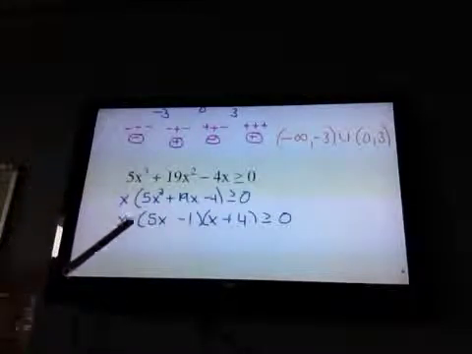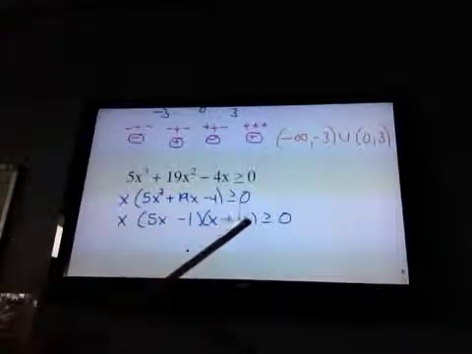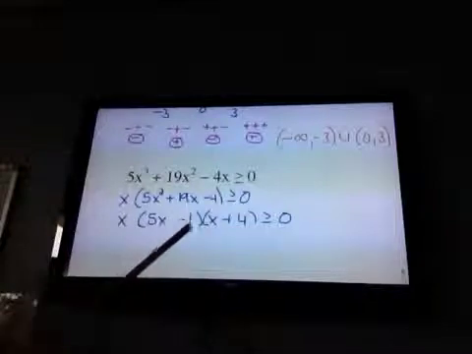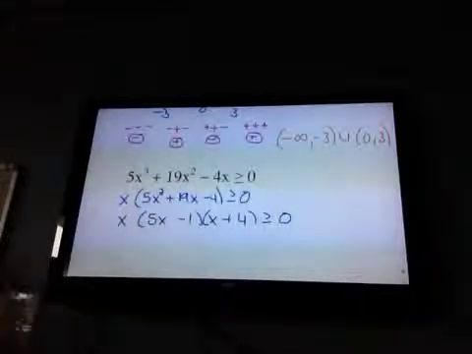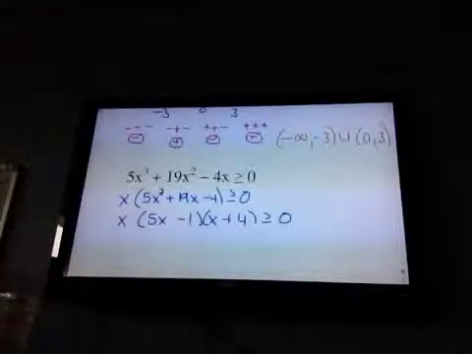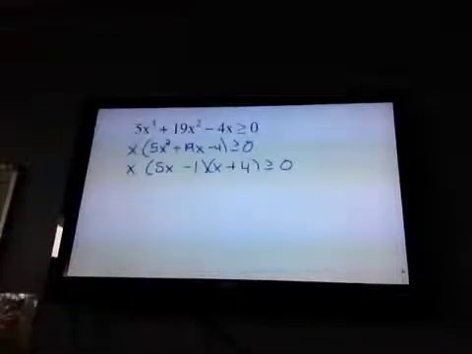And then we check it. Outer times outer is 20. Inner times inner minus 1. 20 minus 1 gives me my 19. So my zeros are 0, positive 1/5, and negative 4.